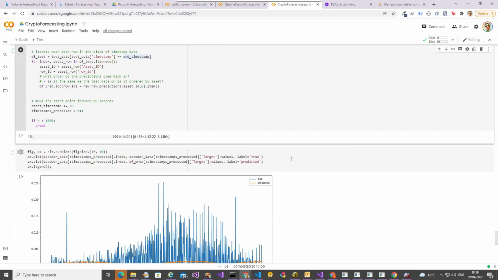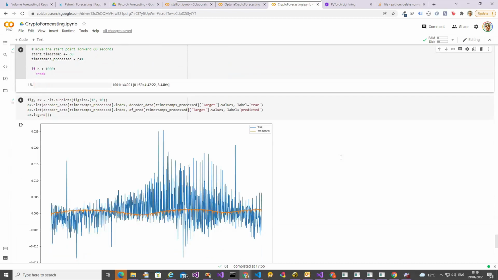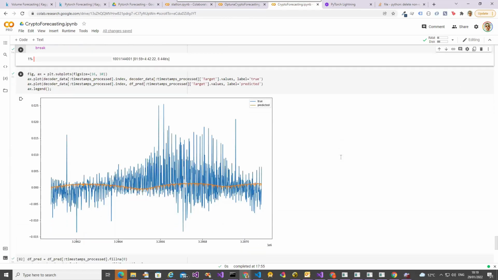And then, yeah, I've only done it for the first 1,000 time steps because it takes a while. But you can see here, the blue curve is the true data, and the yellow one is my predictions. So you can see basically all it does is predict the sort of wavy line around about zero.